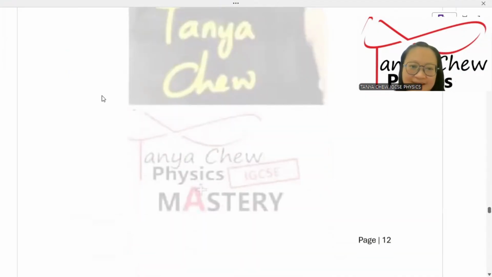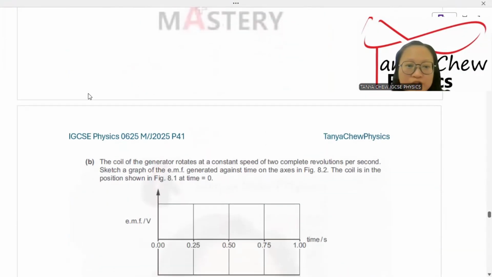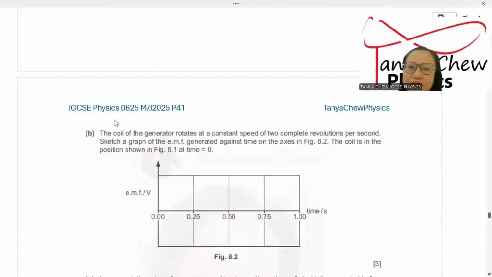Done. Now, the coil of the generator rotates at a constant speed of 2 complete revolutions per second. Sketch a graph of the EMF generated against time on the axes in Fig 8.2.